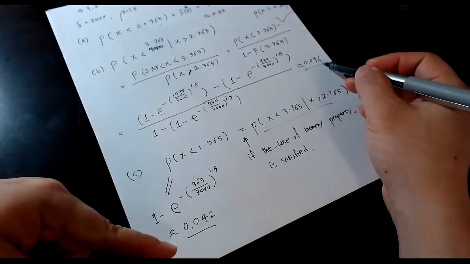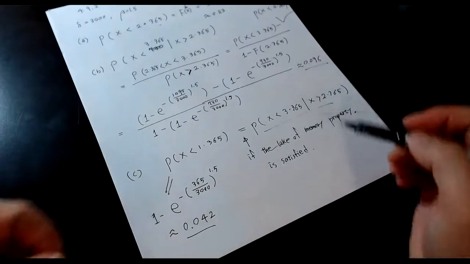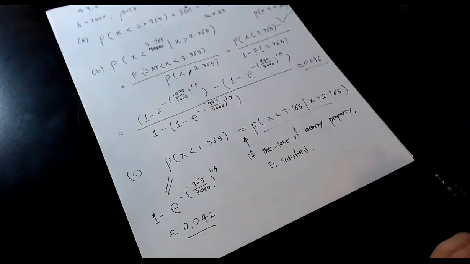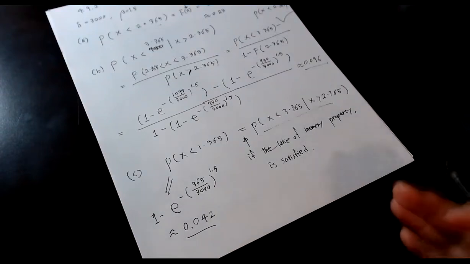The probability on the left-hand side is different from the probability on the right-hand side. So the lack of memory property doesn't apply to the Weibull distribution.